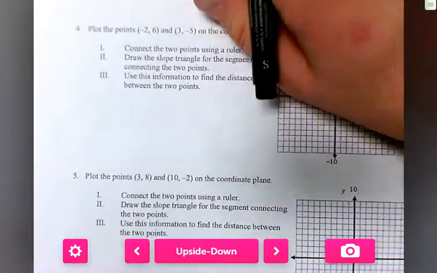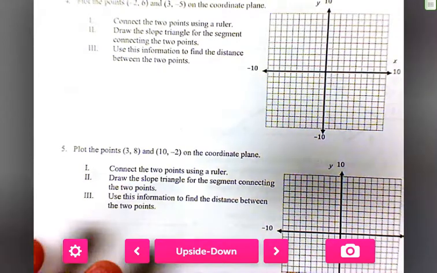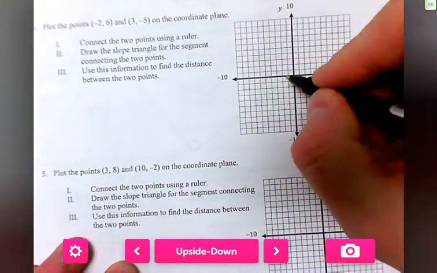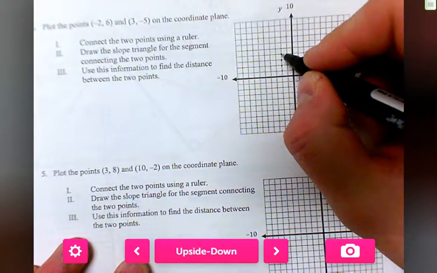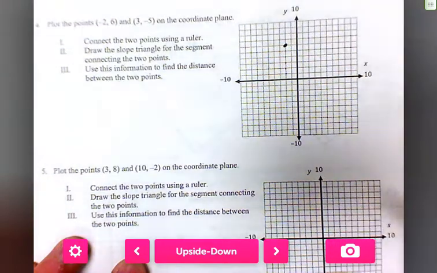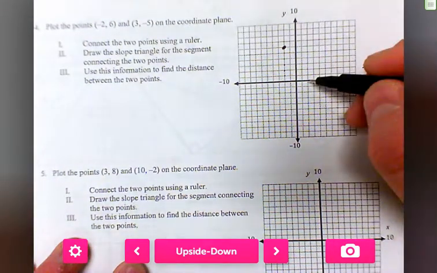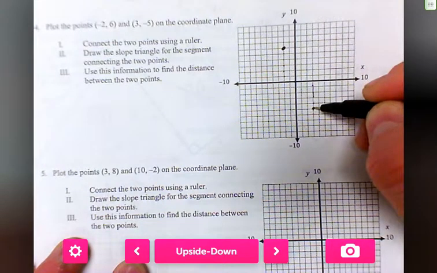All right, let's flip over to the back. We've got number 4. It says plot the points negative 2, 6, and 3, negative 5. So we're going to go over negative 2, up 6, right there. And then we've got 3 over, negative 5 down, so right there.